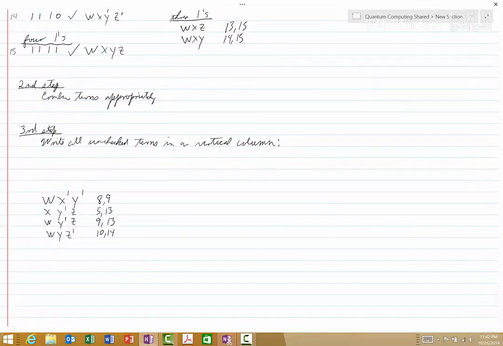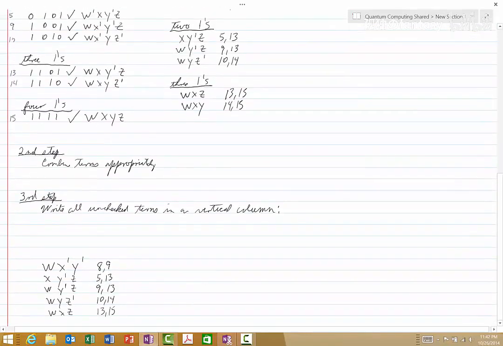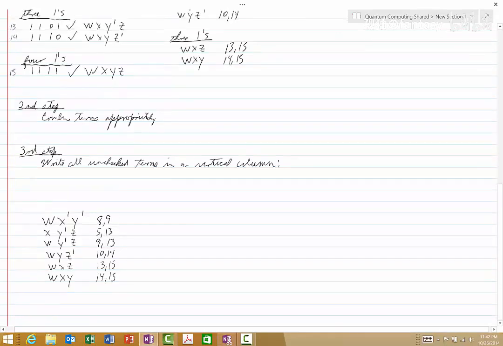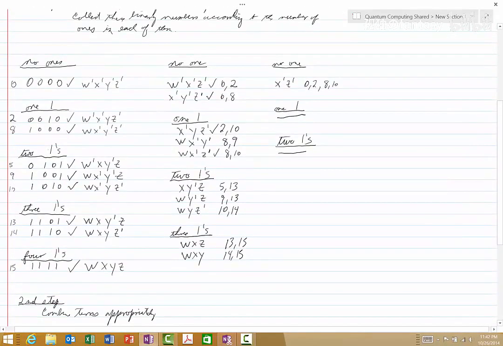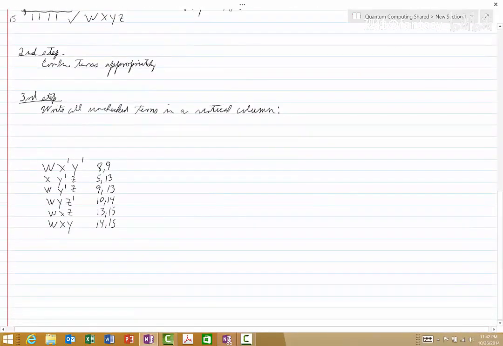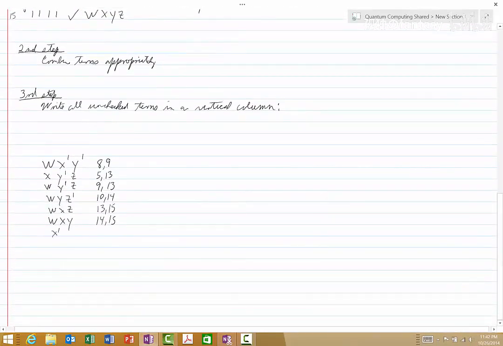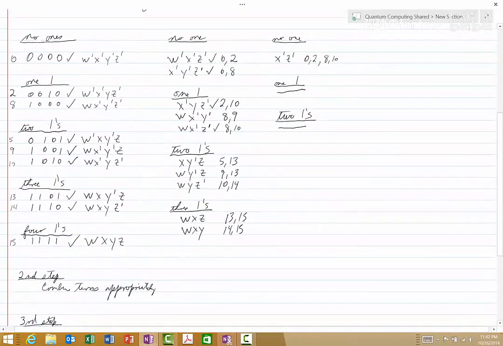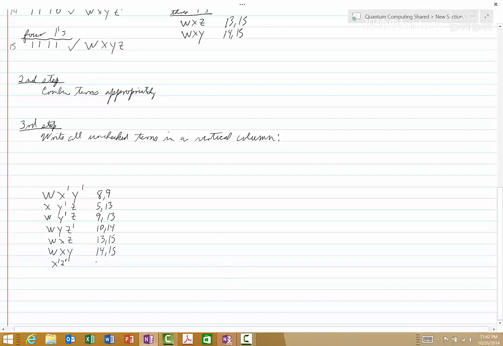The next one is WXZ, which is 13, 15. The next one is WXY, which is 14, 15. And the final unchecked term is X prime, Z prime, which is 0, 2, 8, 10.